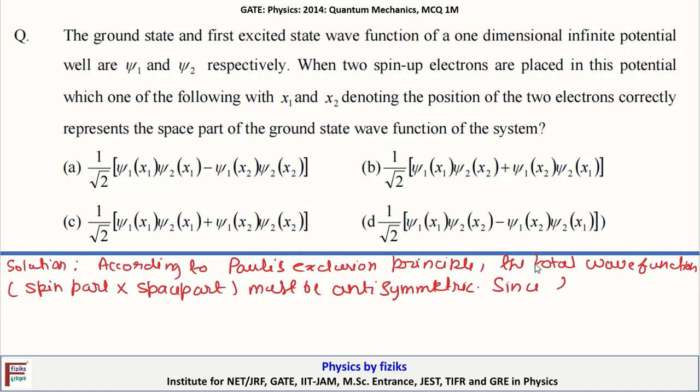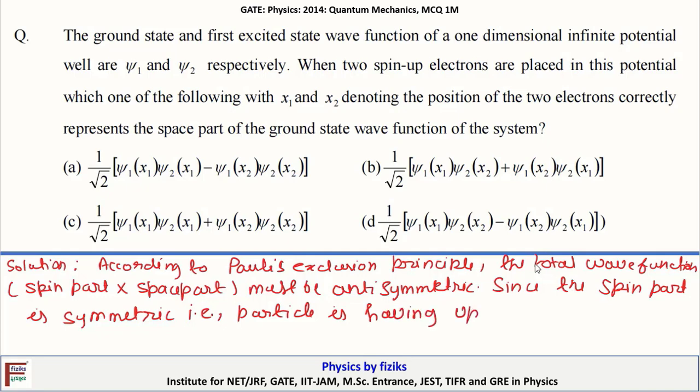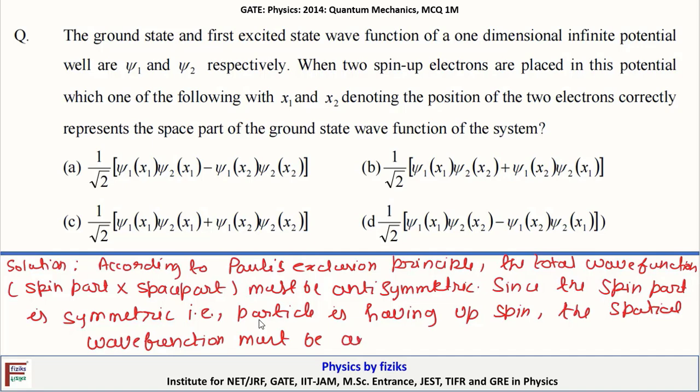Since the spin part is symmetric, that is, both particles are having up spin, the space part, or spatial wave function, must be antisymmetric.